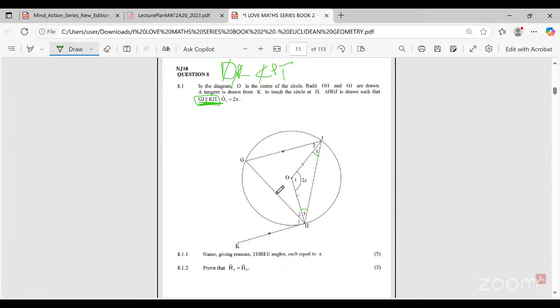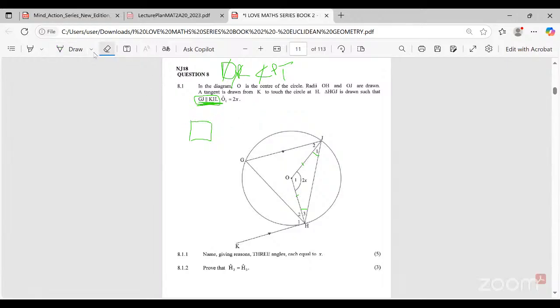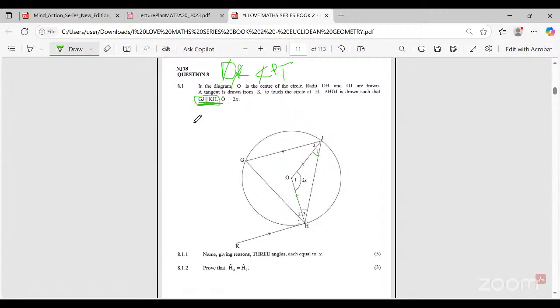Remember, a cyclic quad we said is a quadrilateral whereby each of the four corners touches the circumference. So this is a cyclic quad, the green one here, and again this is a cyclic quad. Why?